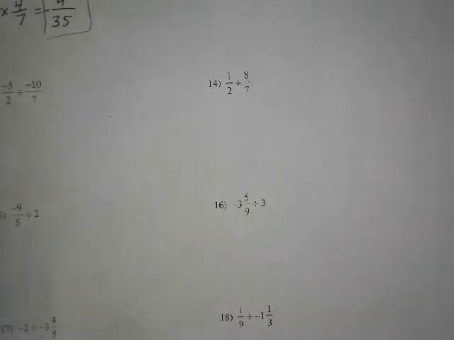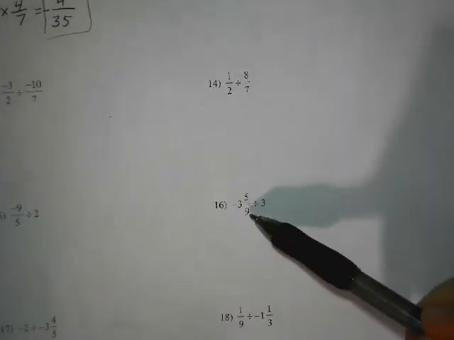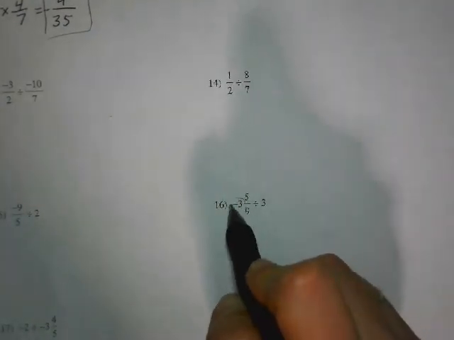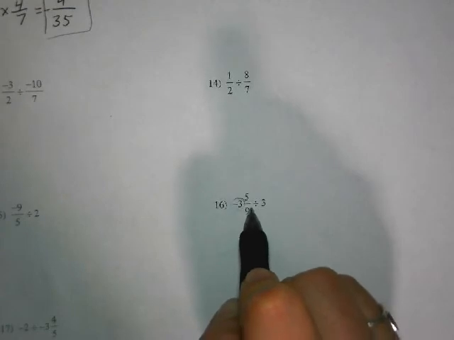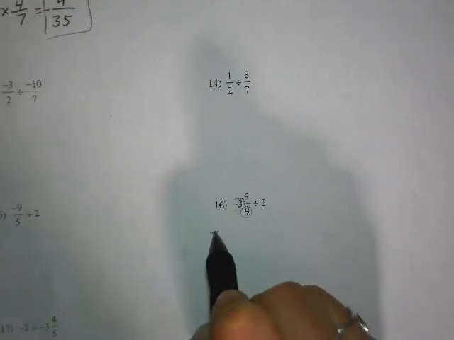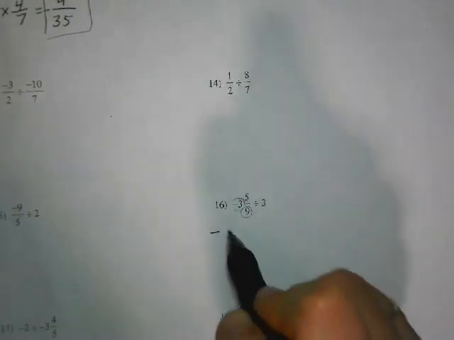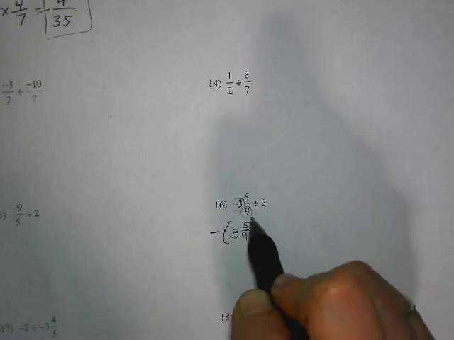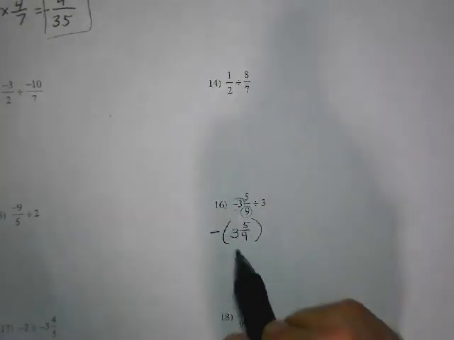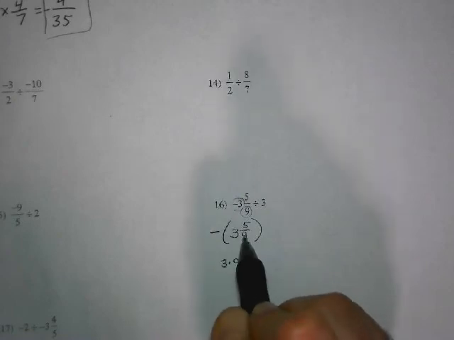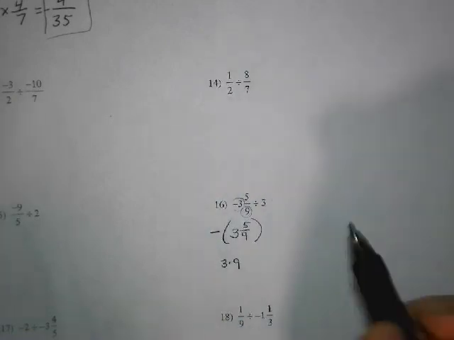The first thing that we want to do with 16 is change this mixed number into an improper fraction. So we want to take our whole number up here and multiply it by our denominator. But I want you to remember, pull out that negative for now. Then we have 3 and 5/9. And then we're going to do 3 times 9, the whole number times the denominator.